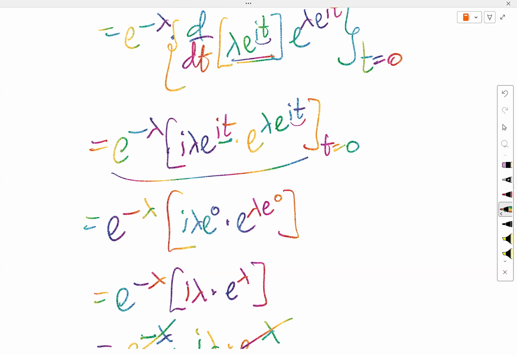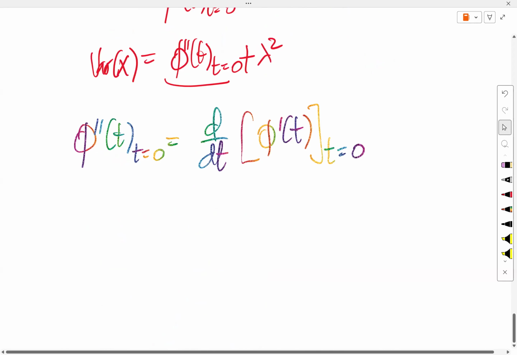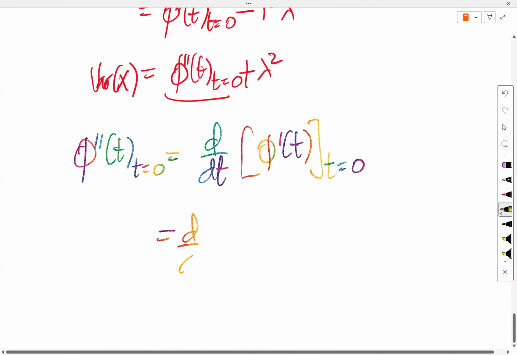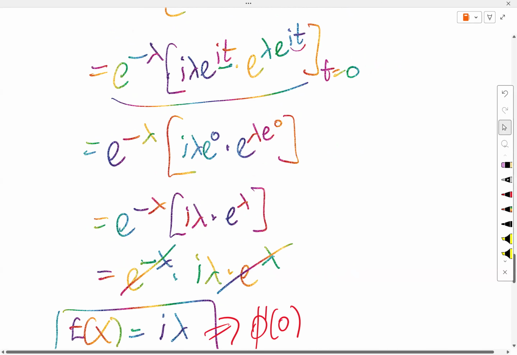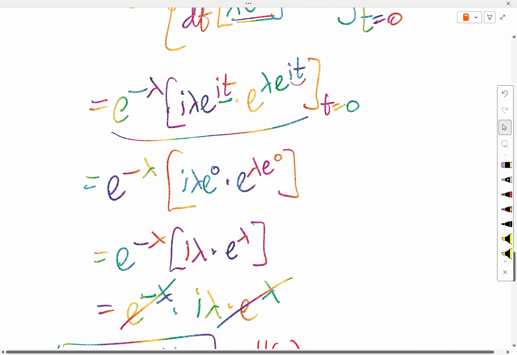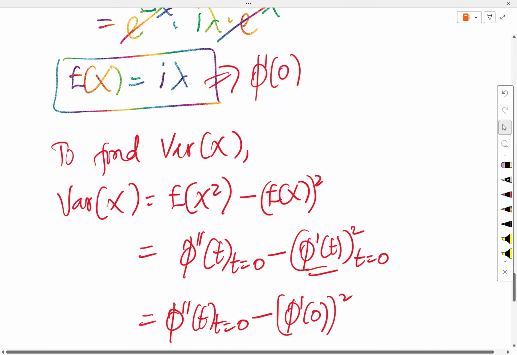So here we have d dt of e raised to power minus lambda into i lambda e raised to power it, multiplied by e raised to power lambda e raised to power it.